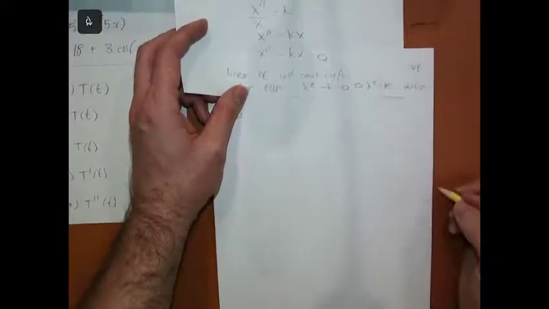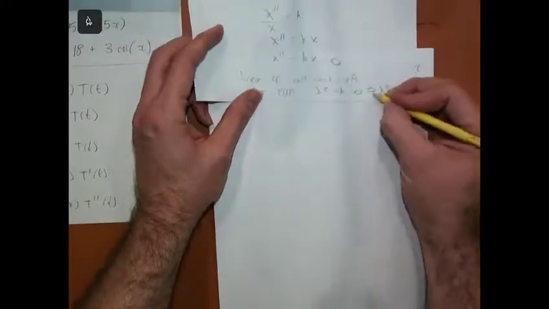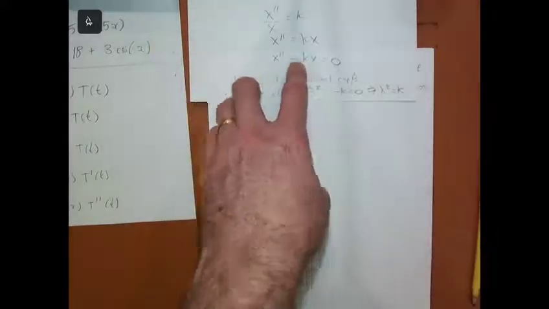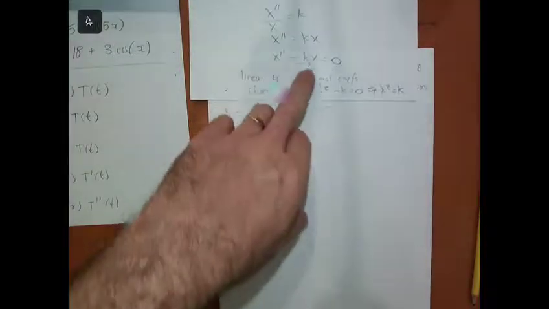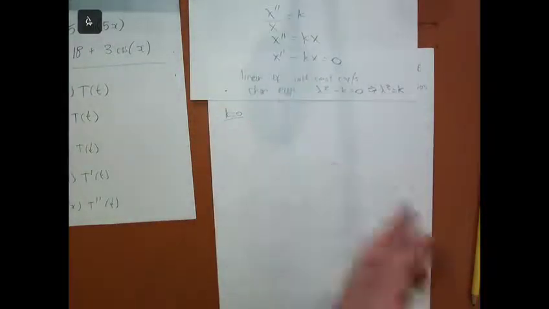Lambda squared equals k. That's why I don't like to use lambda here, because normally you use lambda when you do a characteristic equation for a second order linear DE with constant coefficients. Your alternatives are to use k and lambda, or to leave this as a lambda and use some other letter here, whatever.